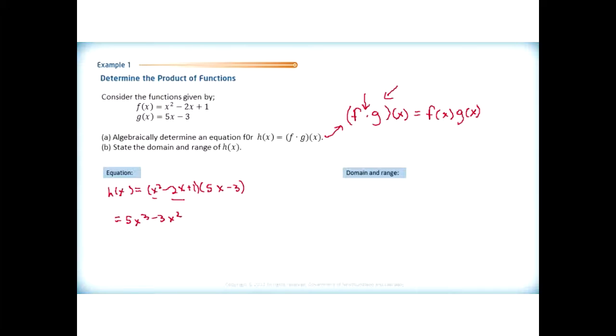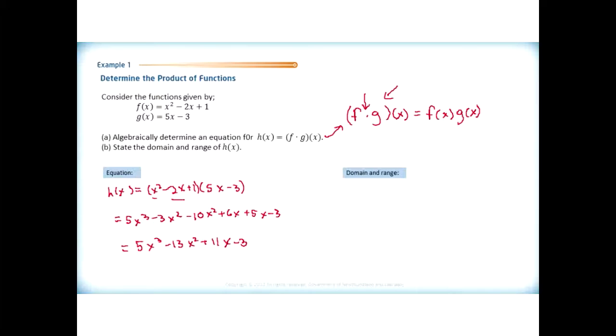And then negative 2x multiplied through gives us negative 10x squared and plus 6x. And then multiplying by 1, we're going to have plus 5x and minus 3. So collecting like terms now, that gives us 5x cubed minus 13x squared plus 11x, and then subtract 3.